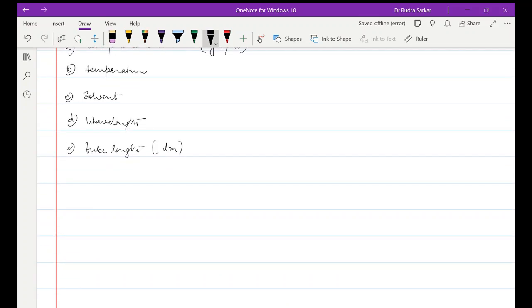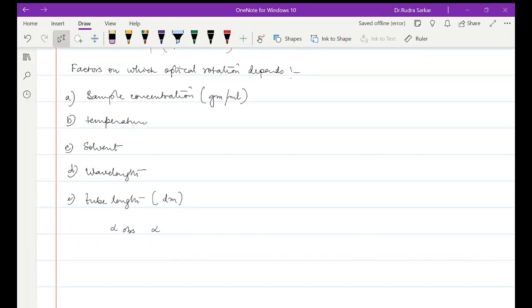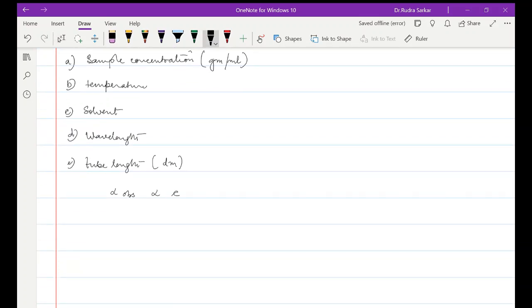So the specific rotation over here, let's write the observed rotation over here is actually proportional to the, because temperature we are conducting at a fixed temperature, solvent we are not changing, wavelength we are not changing, so it will be dependent on the concentration and the length of the tube.